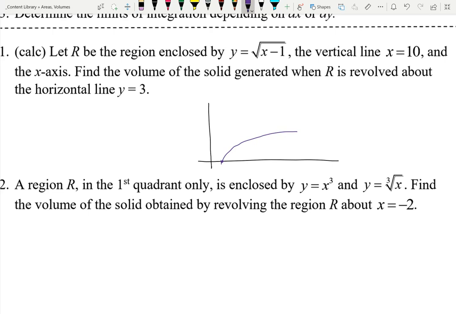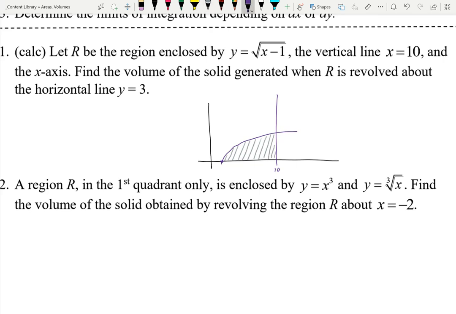The vertical line x equals 10 is going to essentially be one of our limits right there. And the x-axis. So it looks like the region we're talking about here is this right there.